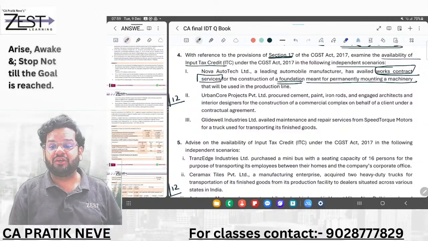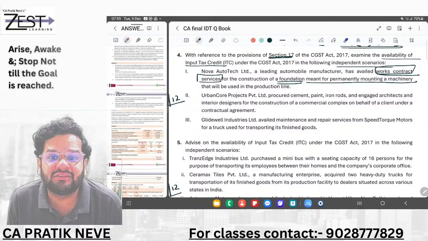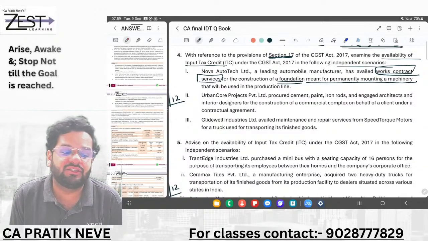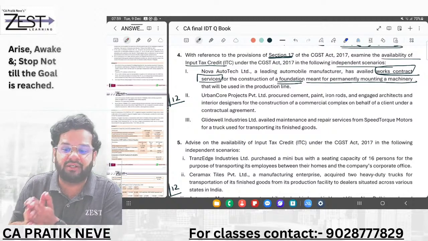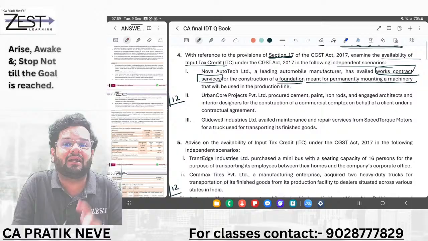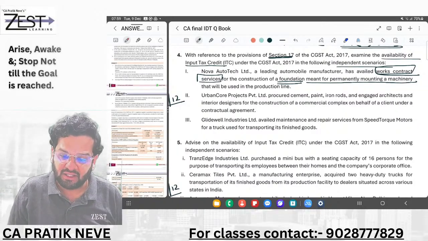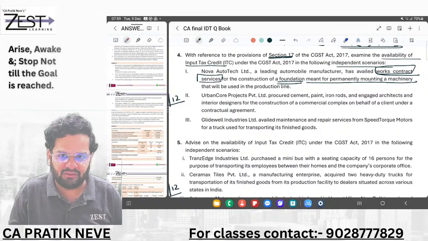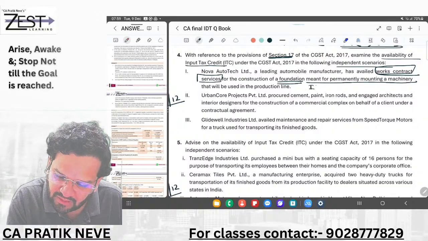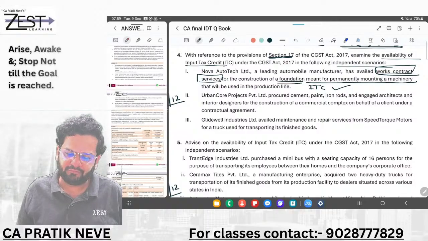So even if ITC is not allowed for works contract used in construction of an immovable property, it is said in brackets "other than plant and machinery". It means if it is for plant and machinery, then ITC will be allowed. So here ITC will be allowed.